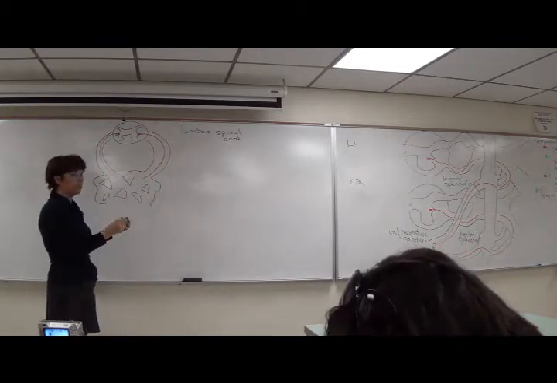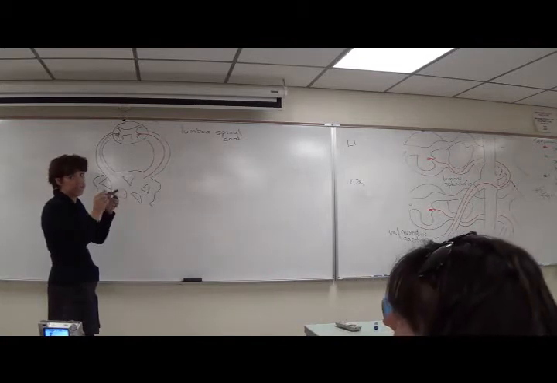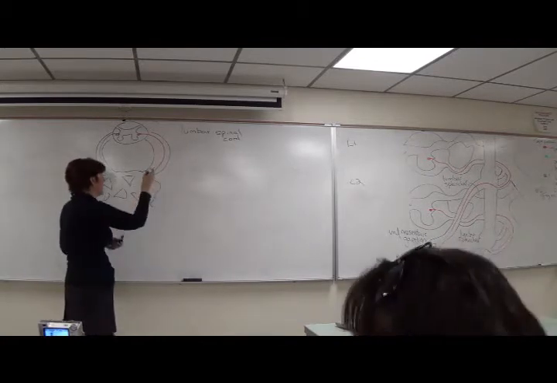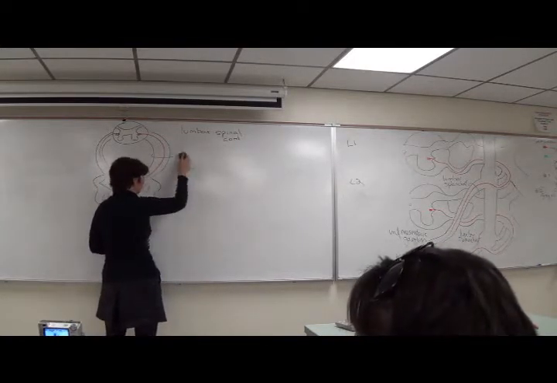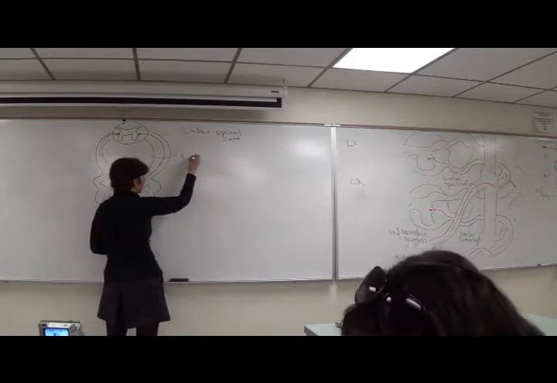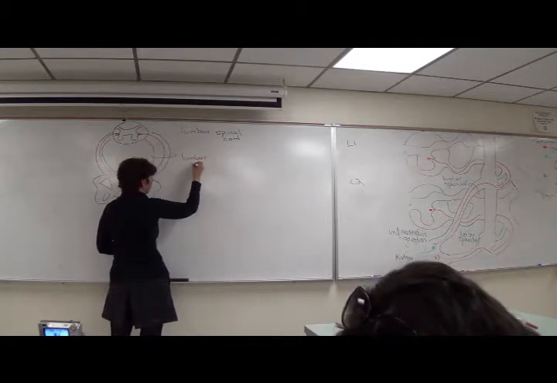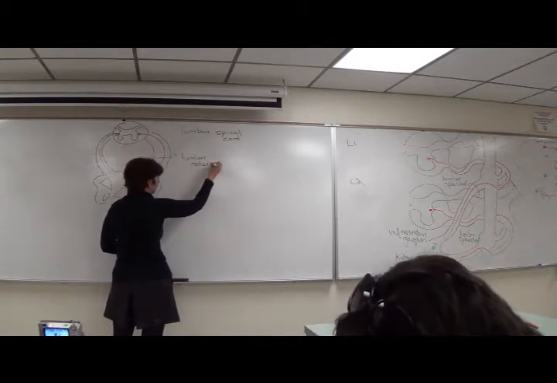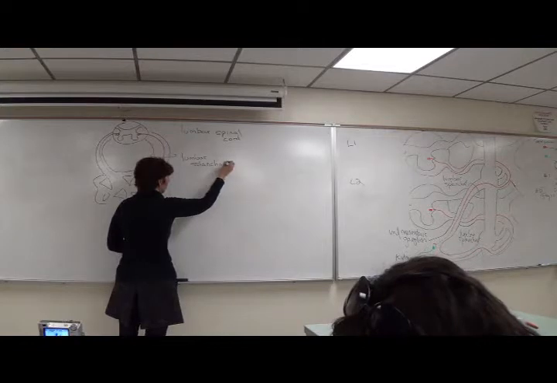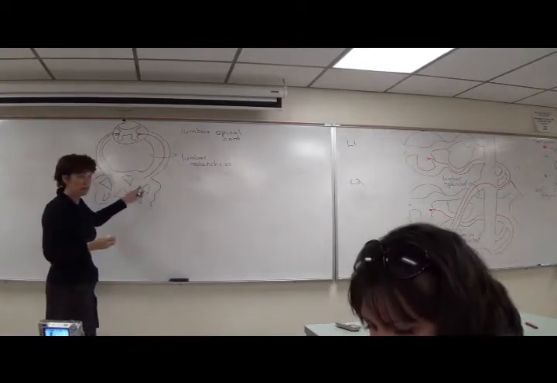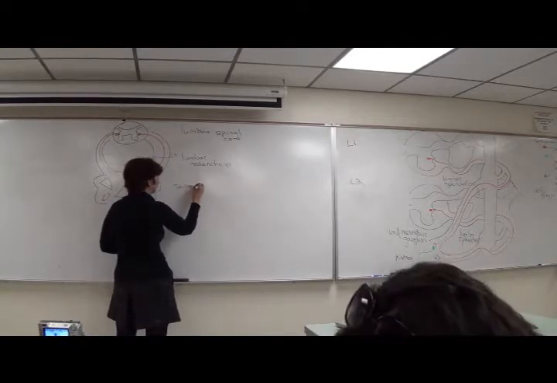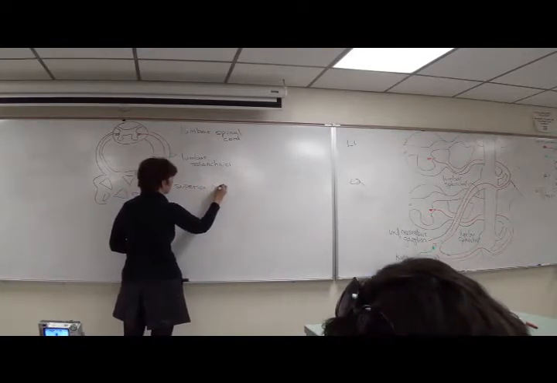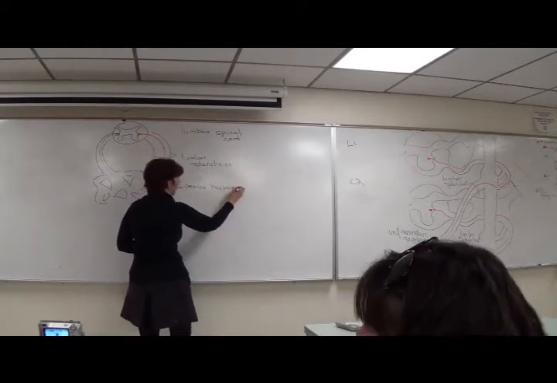And these would be our lumbar splanchnics, ones that did not end in the inferior mesenteric ganglion. This would be our superior hypogastric plexus.